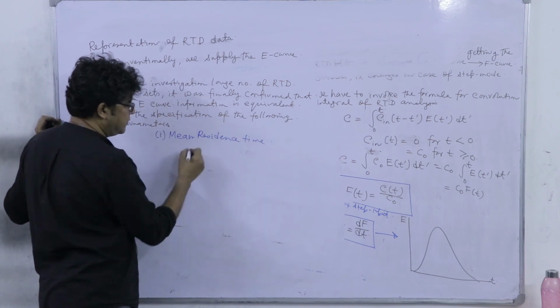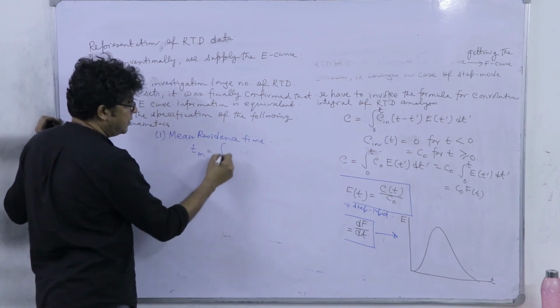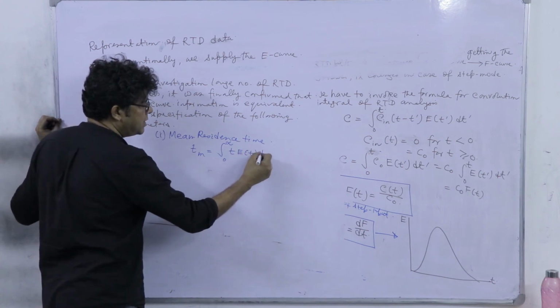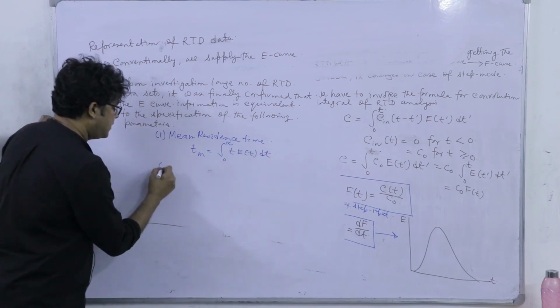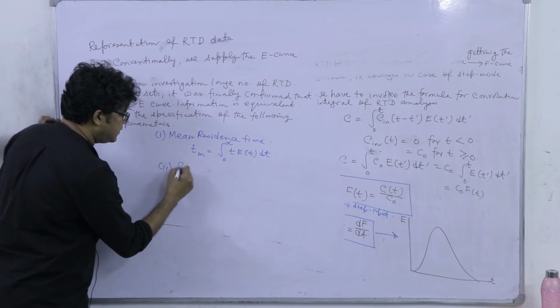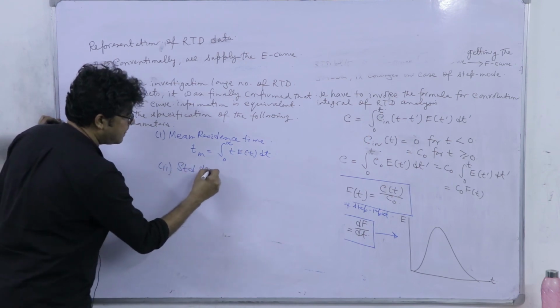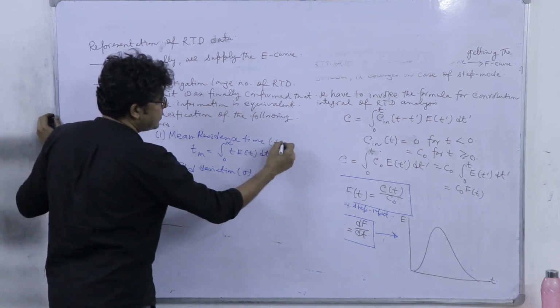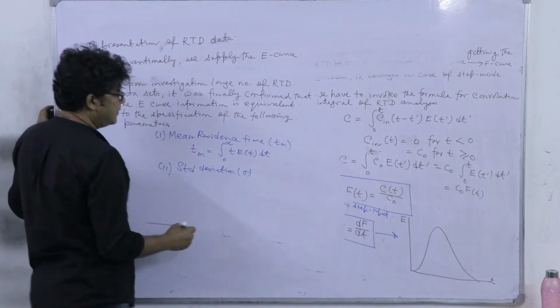First moment about 0. So, Tm is the integral from 0 to infinity of t E(t) dt. Then the standard deviation. Right, the second moment.